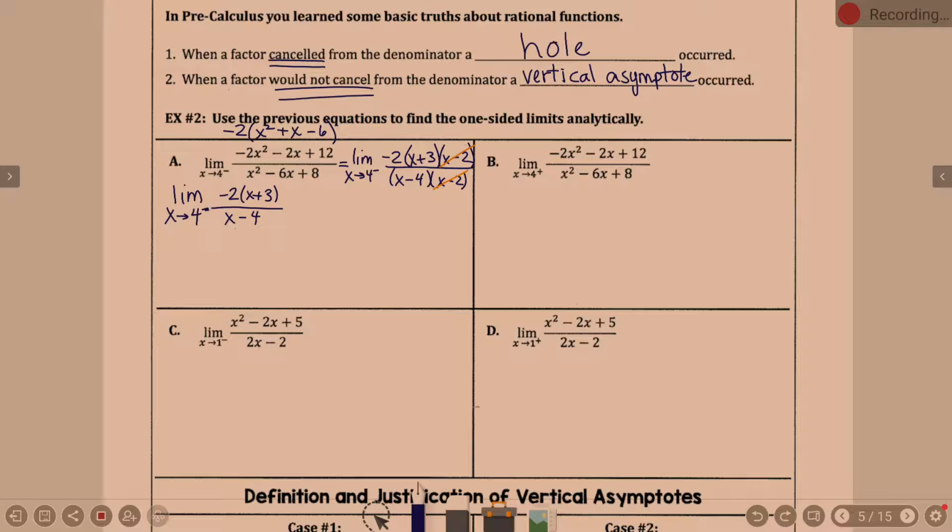If we plug something like 3.999 in, I use 3.99, you know, however many nines you want there. So if we try this, let's see. I'm going to have negative 2 times 3.99 plus 3 divided by 3.99 minus 4.